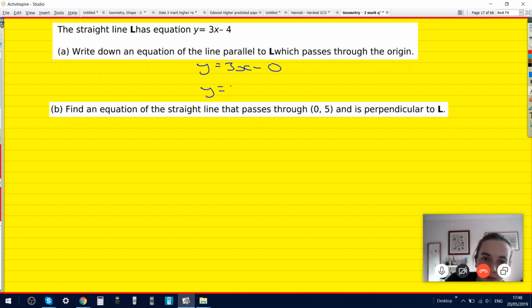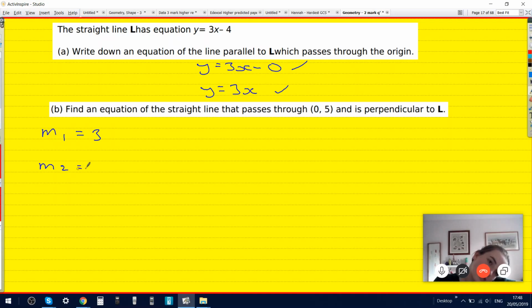That's just the same as y equals 3x. So the parallel gradient is 3.